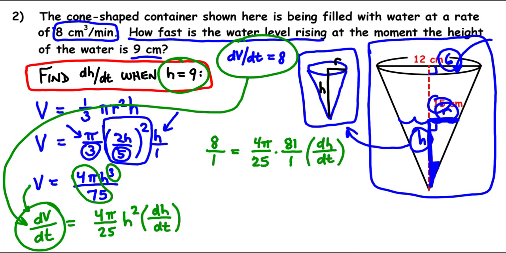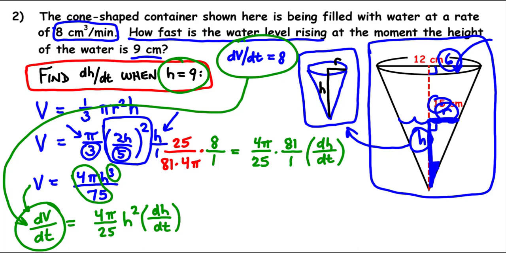I tend to be the person who makes mistakes at this juncture, so I'm going to multiply both sides by the reciprocal. I'm going to take my good sweet time. So over here on the left, I'm going to put the 25 up top. I'm going to put the 81 and the 4 pi on the bottom. I'm not going to multiply them together, however, because some canceling will occur between the 4 and the 8, to keep my life easy.